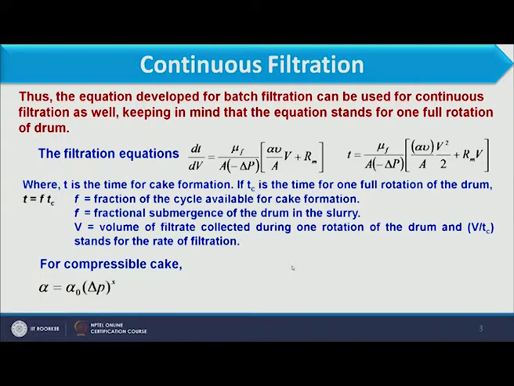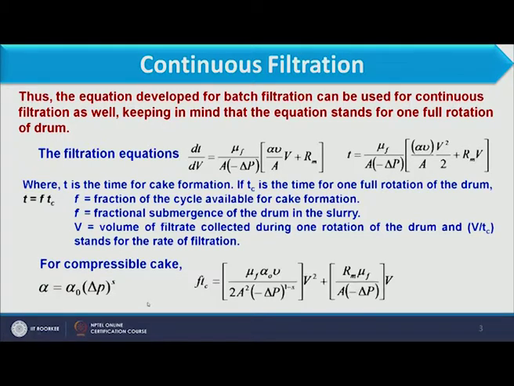For compressible sludge, using the Sperry correlation, we have F tc equal to mu F alpha naught V by 2A squared minus delta P to the power 1 minus s into V squared, plus another term for the filter media, Rm mu F by A delta P into V. We can use this equation for constant pressure and compressible cake in continuous filtration.